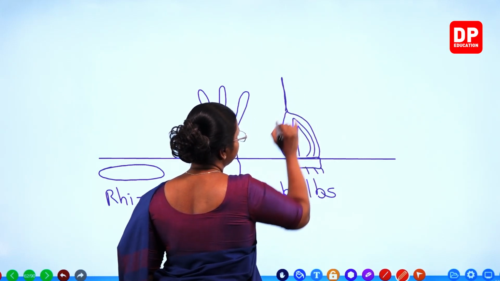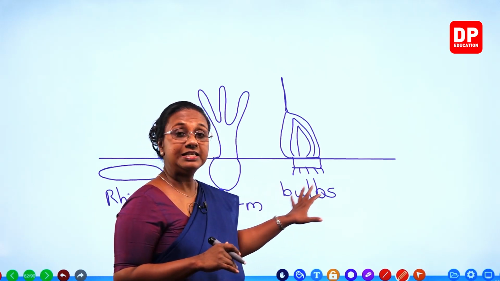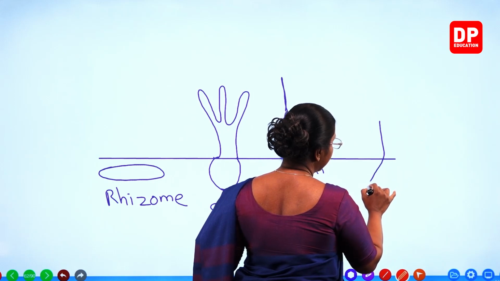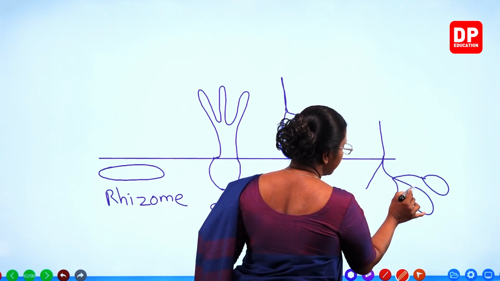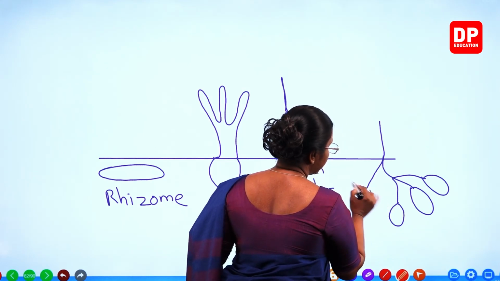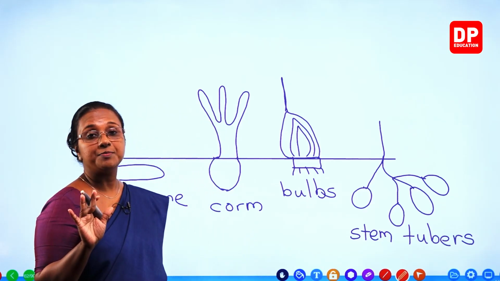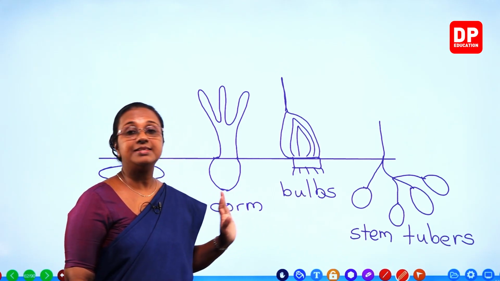Onion, leeks, these are all bulbs. Then we have the fourth structure where you have the underground stem that branches out, and at the end of the branch you have the food storage, that is the stem tubers. Now these are 4 different types of underground stem: the rhizome, corm, bulb and stem tubers.